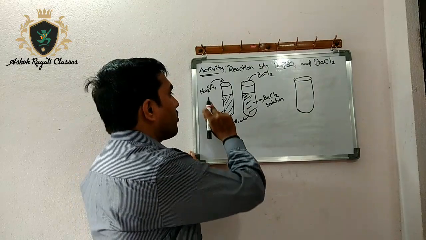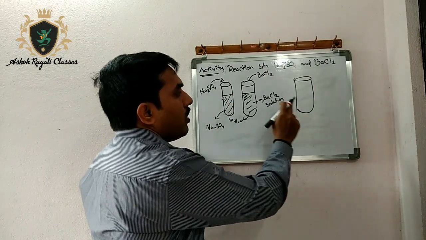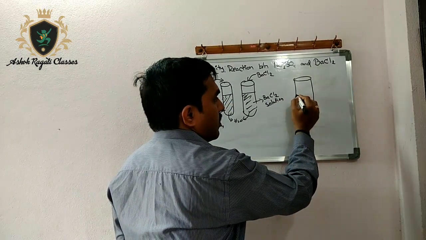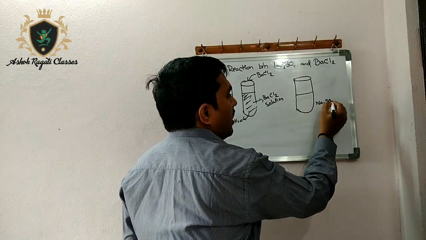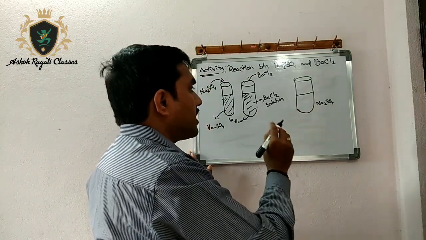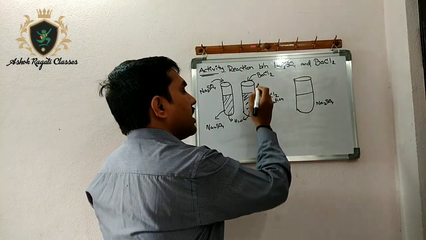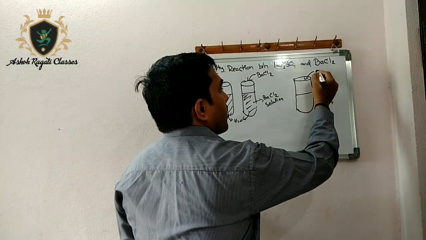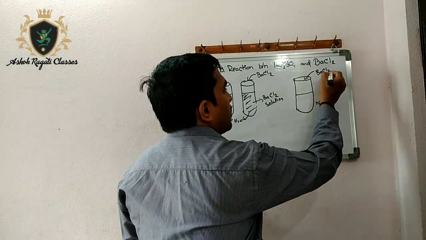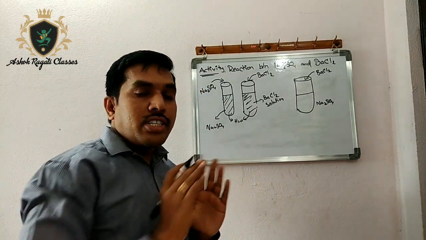First, I am going to pour Na2SO4 into this test tube. Next, I am going to take the BaCl2 test tube and pour some BaCl2 into this one. So what changes will you observe?